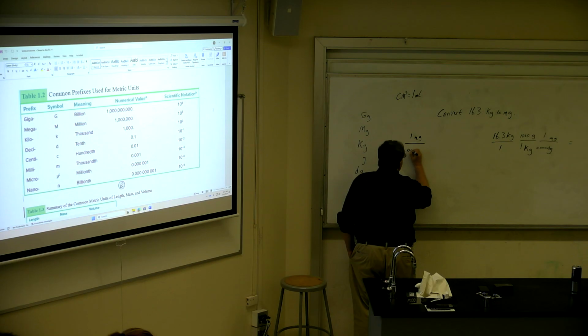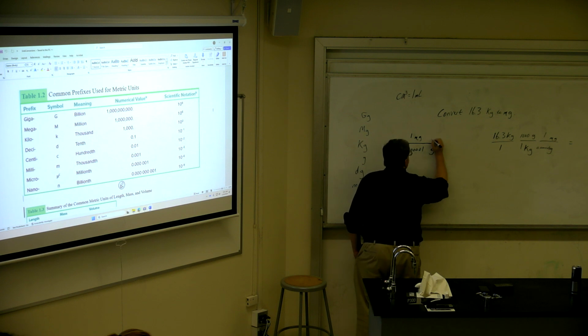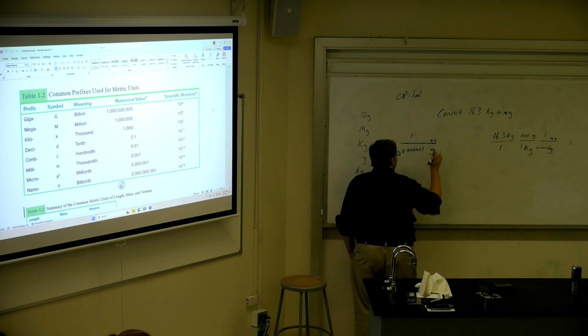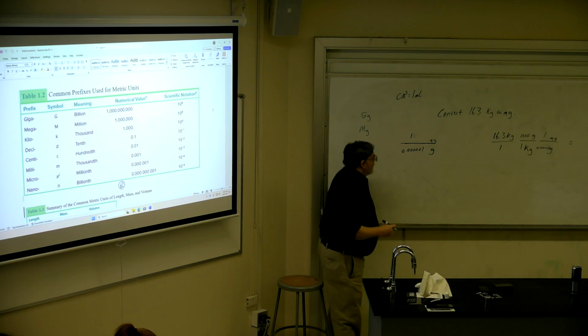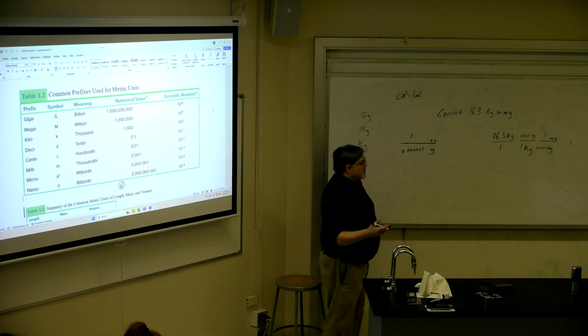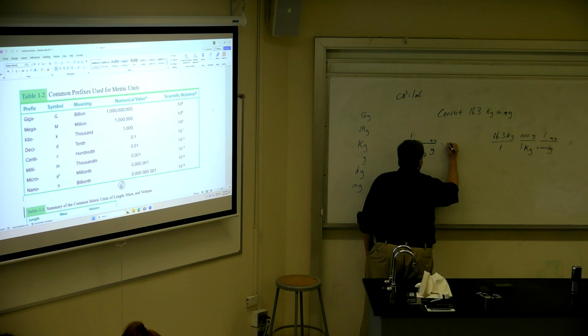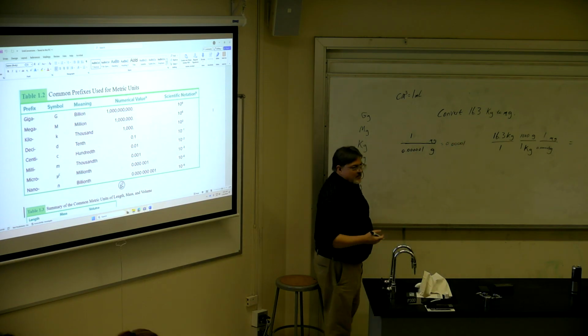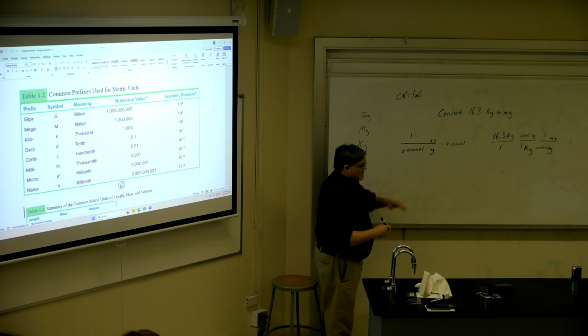I'm going to write the unit over here to separate it from the numerical value. All right, if you put that in your calculator and you say 1 divided by this, your calculator is going to give you that as an answer. If you literally put it in your calculator, 1 divided by this, that's not true.